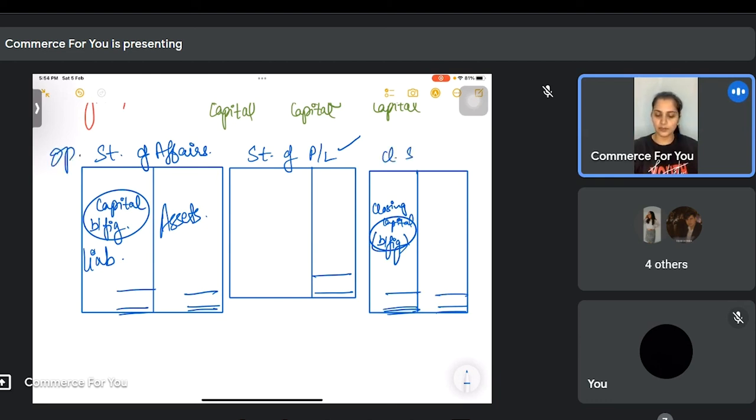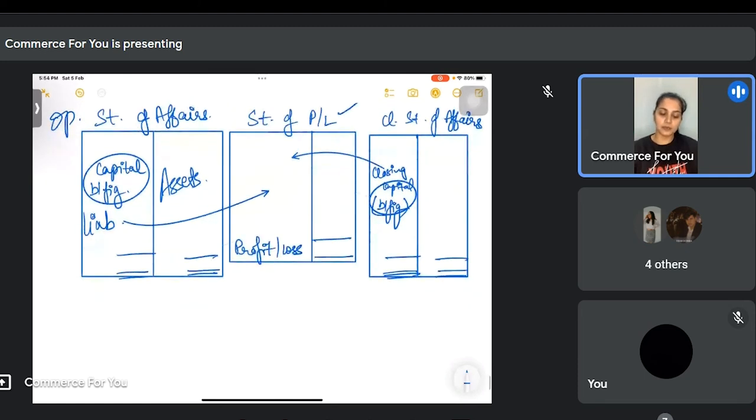This will be your closing statement of affairs. Okay, and if you have got these two values, you'll put them into the statement and you'll find out your profit or loss.